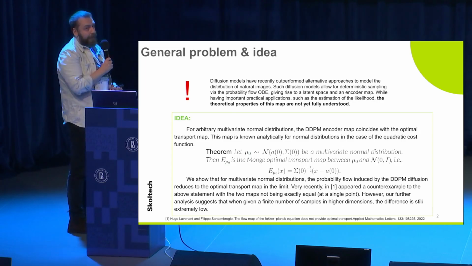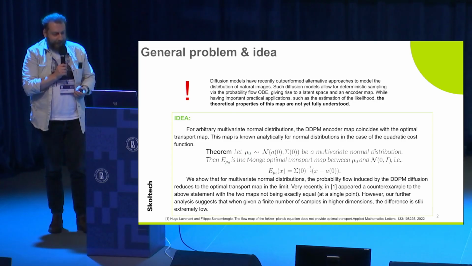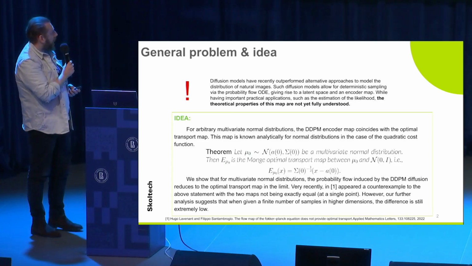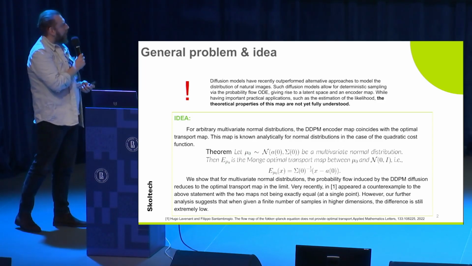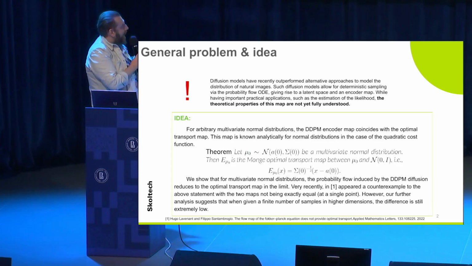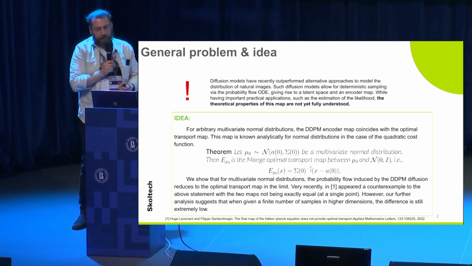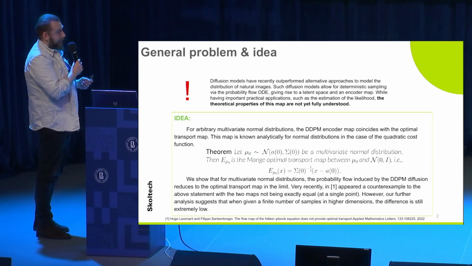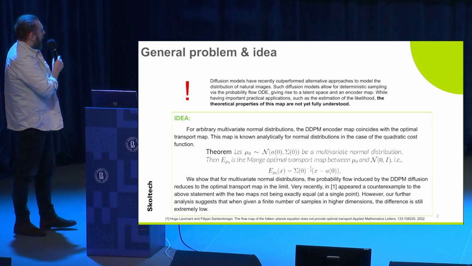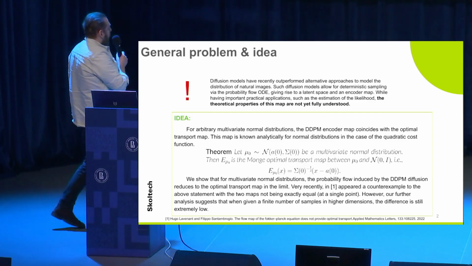So, well, now everybody knows what is optimal transport. So we know if we have normal distribution with some mean and sigma, we can easily build optimal transport from this distribution to standard normal distribution. This is so-called Monge optimal transport.